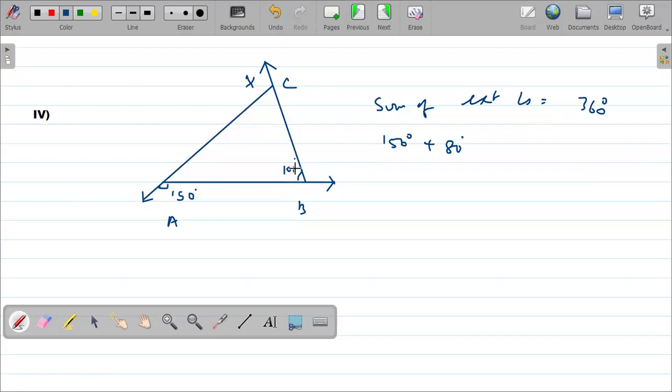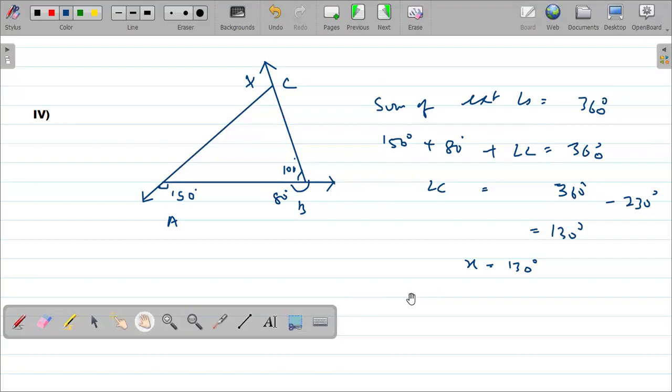If this is 100 degree, that means it would be 80 degree plus 80 degree plus angle C equal to 360 degree. So angle C equal to 360 degree minus 230 degree, that is 130 degree. So X would be equal to 130 degree.